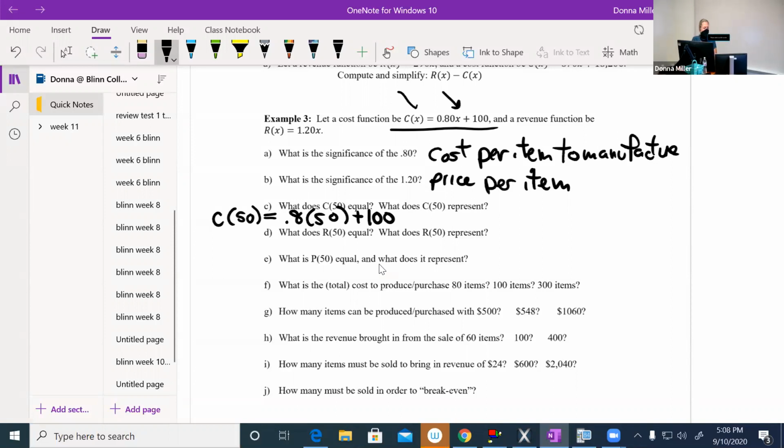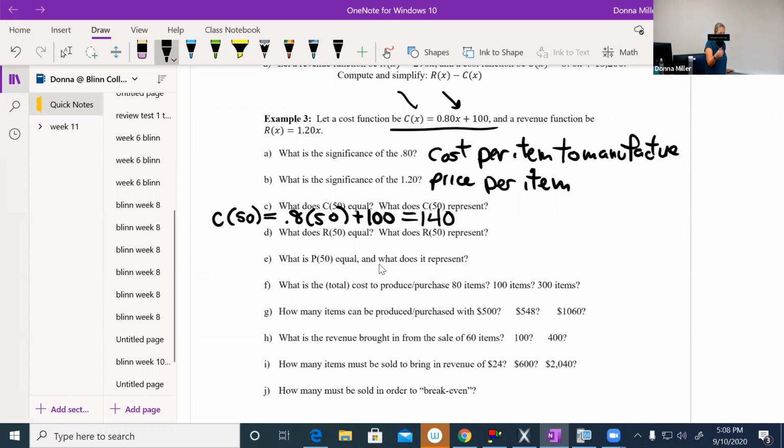What did you guys get? All right, so what does it represent? What do you think it represents? How many they sold? That's not, yeah. It's not the cost per item. And that's what they sell. It's the cost to produce how many? 50 items, right?